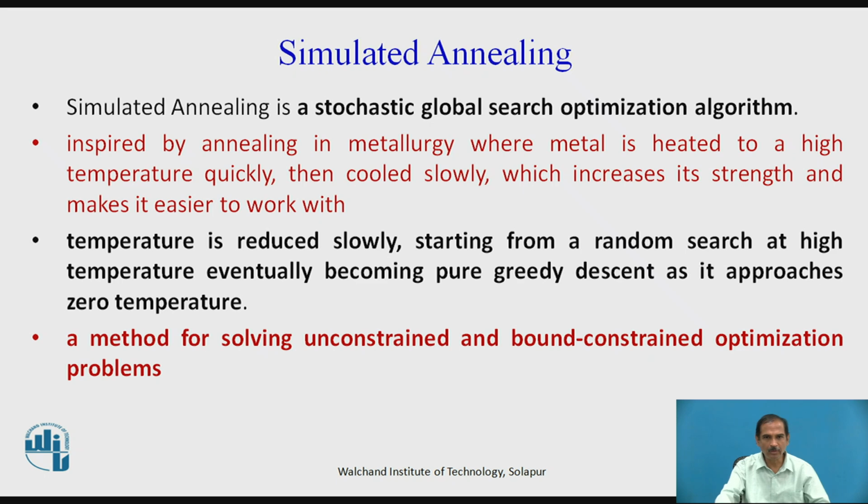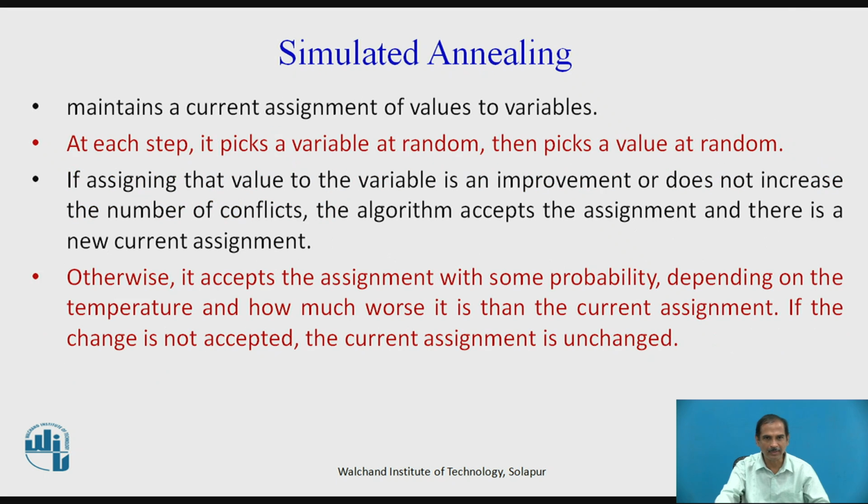A method for solving unconstrained and bound-constrained optimization problems is what we are going to look at. It maintains a current assignment of the values of variables. At each step, we pick a variable at random, then pick a value at random, and if assigning the value to the variable is an improvement or does not increase the number of conflicts, the algorithm accepts the assignment and there is a new current assignment.